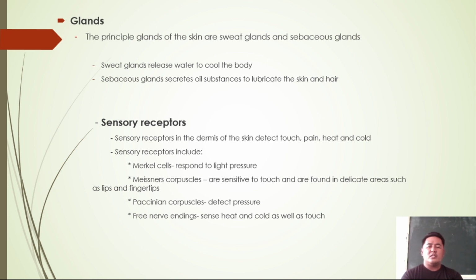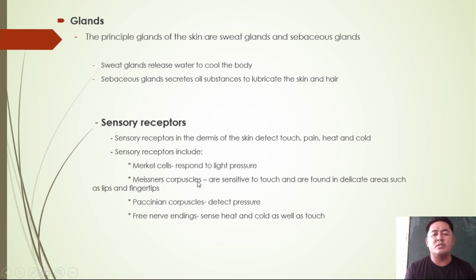It will detect touch, pain, heat, and cold. Sensory receptors include Merkel cells, which respond to light pressure. When you press or touch the skin of the animal lightly, the Merkel cells react.